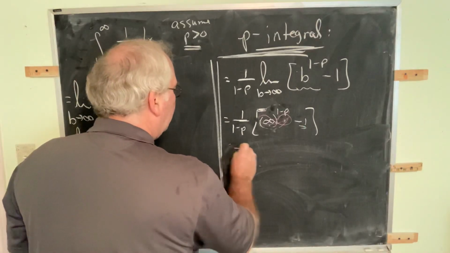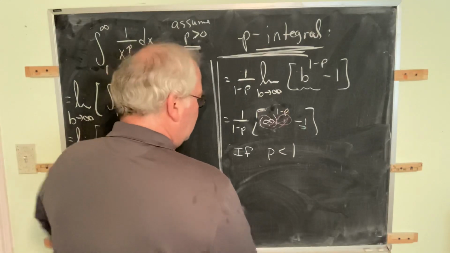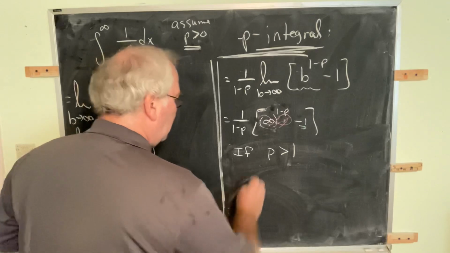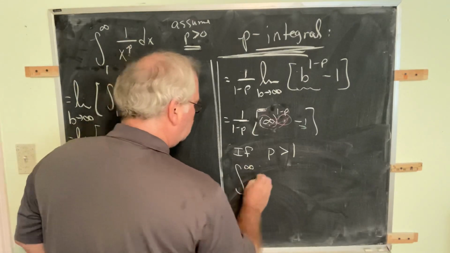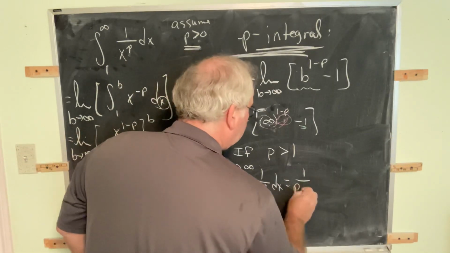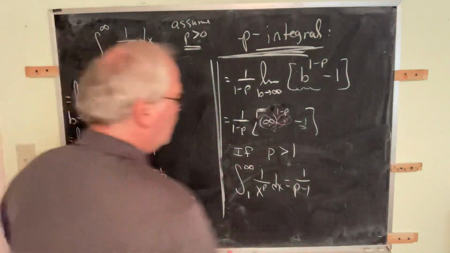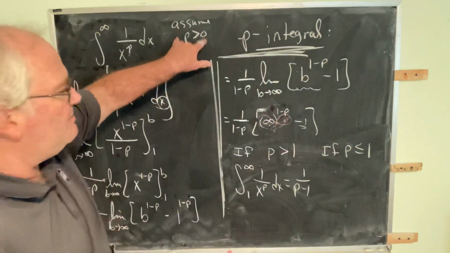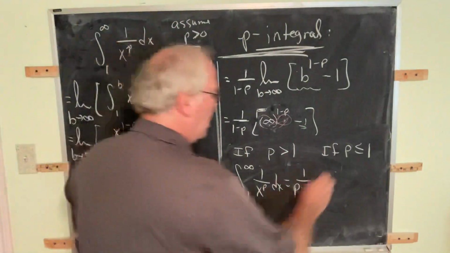If P is greater than 1, then the value is 1 over P minus 1. If P is less than or equal to 1, and it turns out we don't need to make this assumption, we could also throw in the negative values, but that's irrelevant to our point.